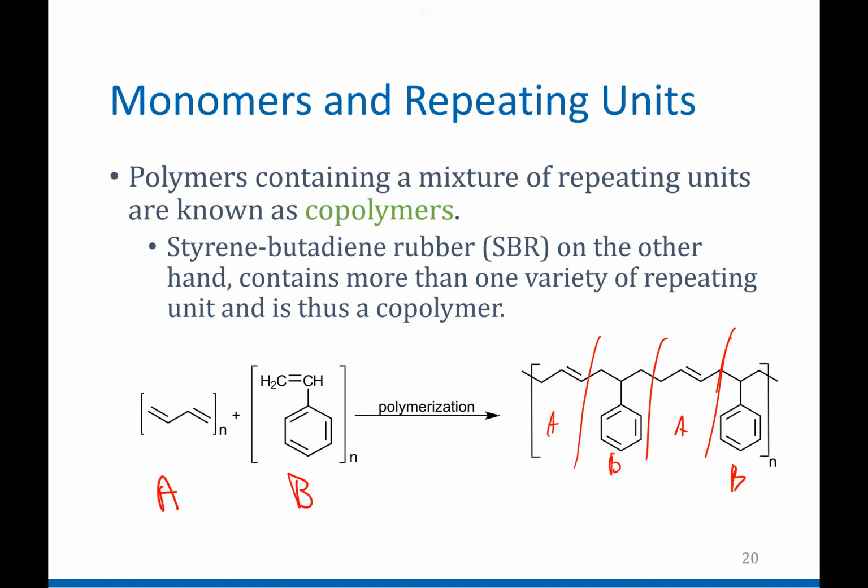It's alternating A, B, A, B, A, B, and it will do that forever. Well, not forever, but the pattern will stay the same. This is styrene butadiene. So we have butadiene and styrene mixing together to form a copolymer.